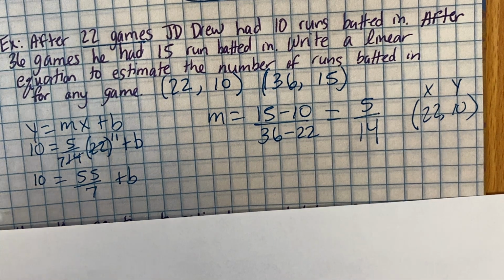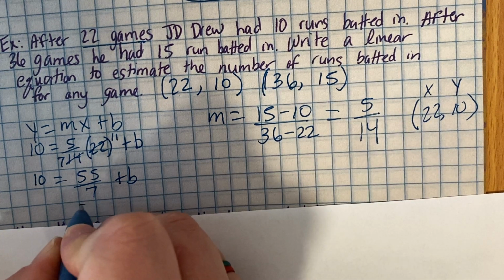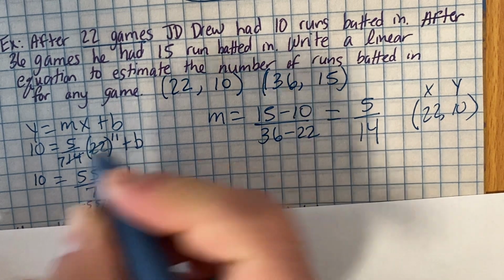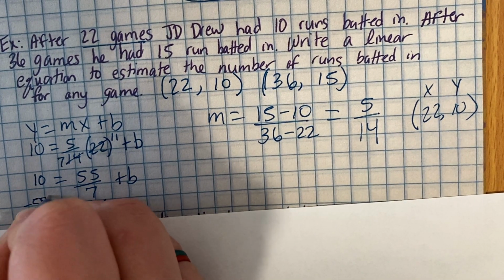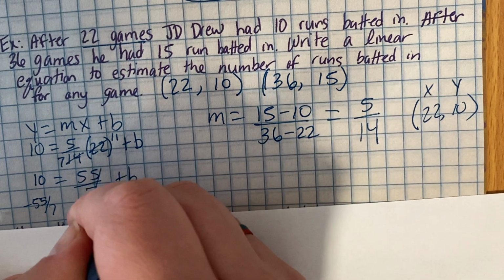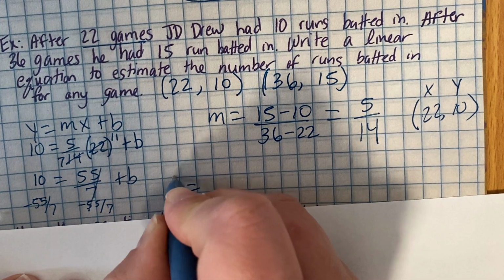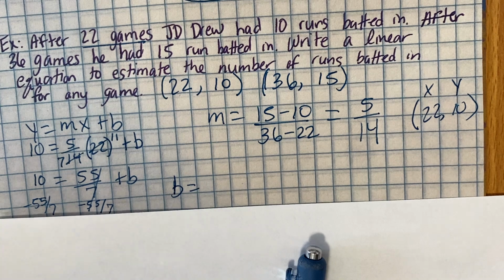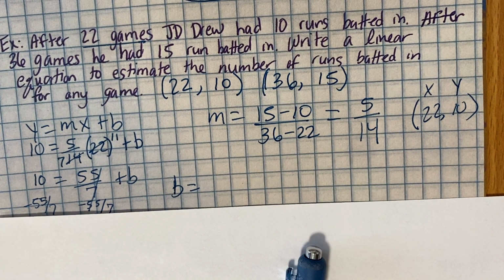Okay, then I have to subtract that from both sides. You'll probably end up making that into a decimal. So we'll have 10 minus 55 over 7. So 55 over 7 is 7.86, so 10 minus 7.86.